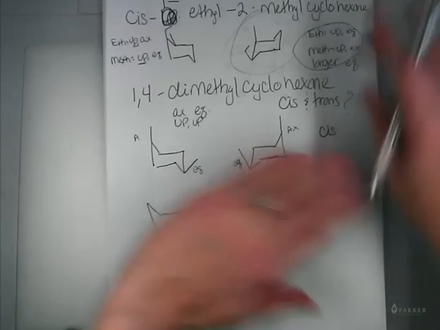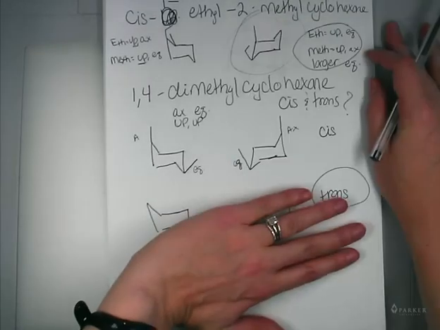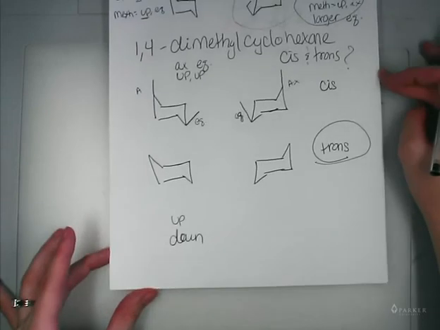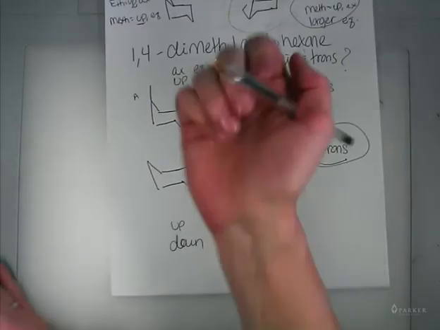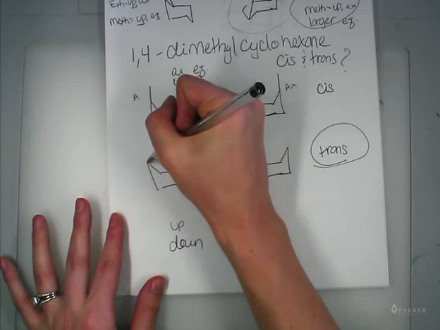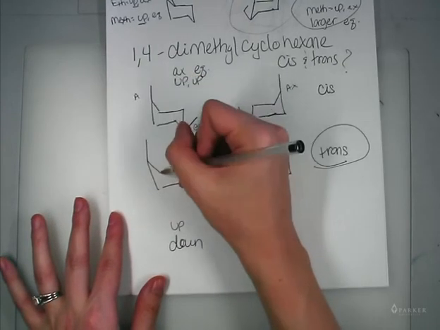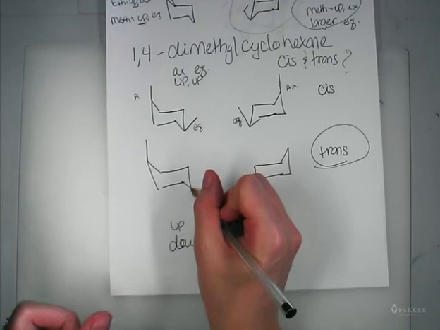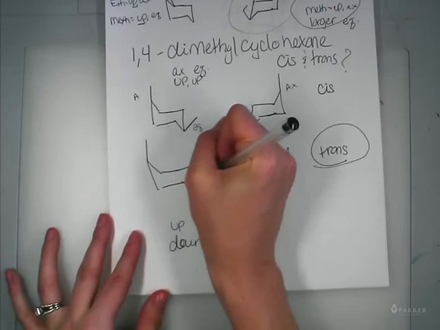So on the exam, if I ask which one's the most stable and I just give you this, they're the same. Okay, so let's look at the trans. So let's start again. This is going up, axial. So then over here, this would go which direction first? Down, and down in that position is axial.